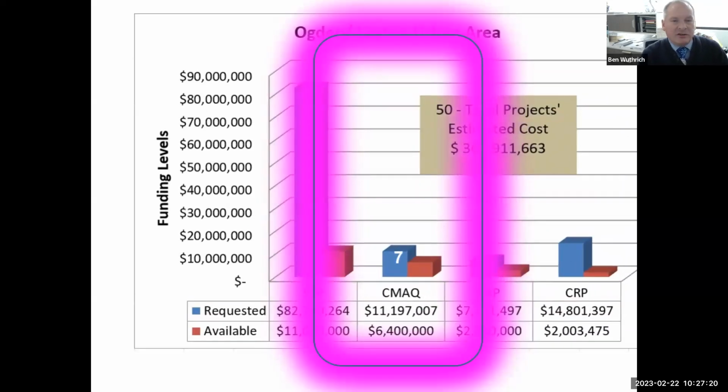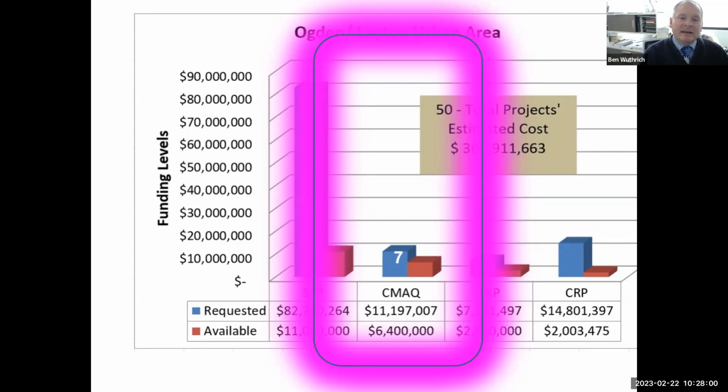CMAQ program right here. There are 7 projects requested in the CMAQ, totaling a little more than 11 million in the ask. And this year we have 6.4 million available. The reason we have so much more CMAQ available is, you'll recall, we brought before the committee that in the early years of the CRP program we were worried we would lose those funds because they were available in 2022, but we didn't get notice that we could start programming those projects.